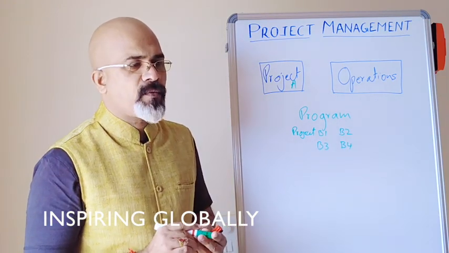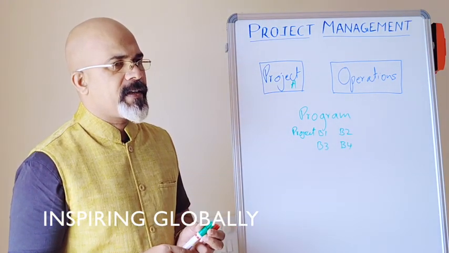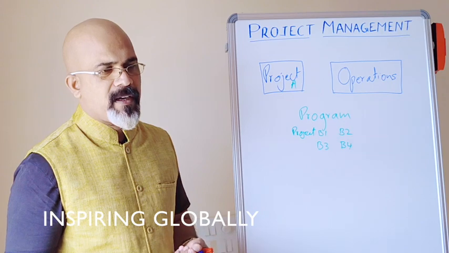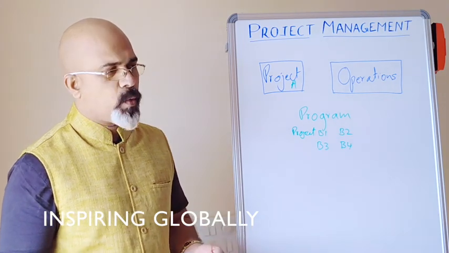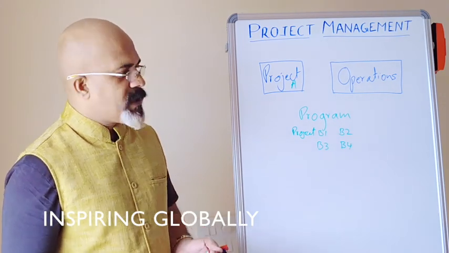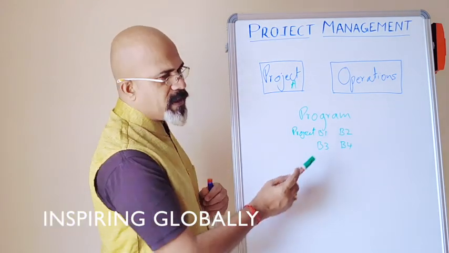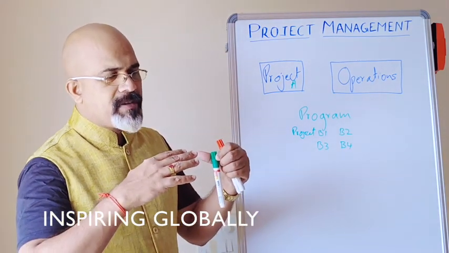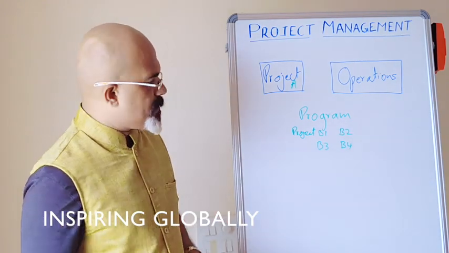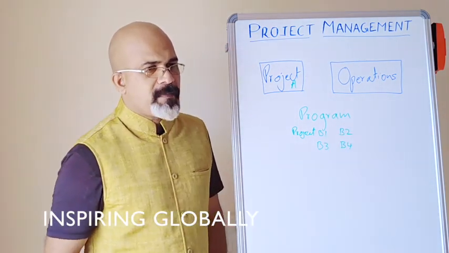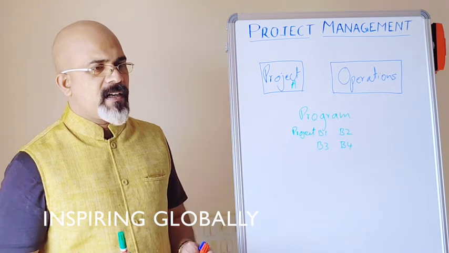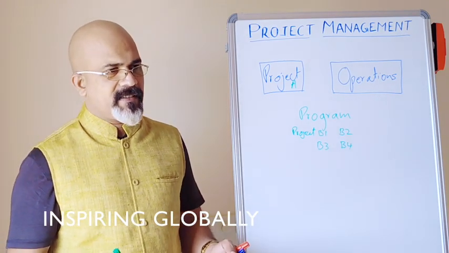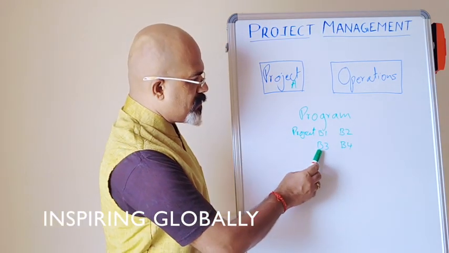A good example to understand would be the Olympic Games or World Cup Games, right? So what happens is project B1 could be building a stadium. That's a project. B2 could be doing the marketing or media.